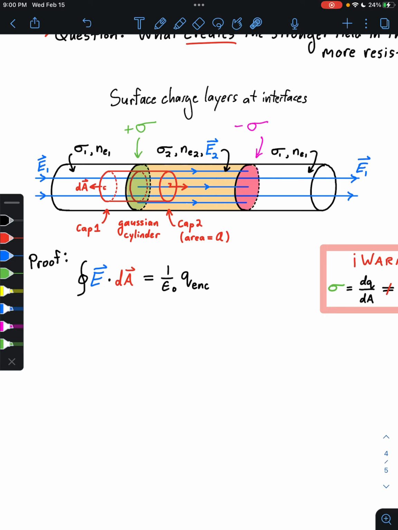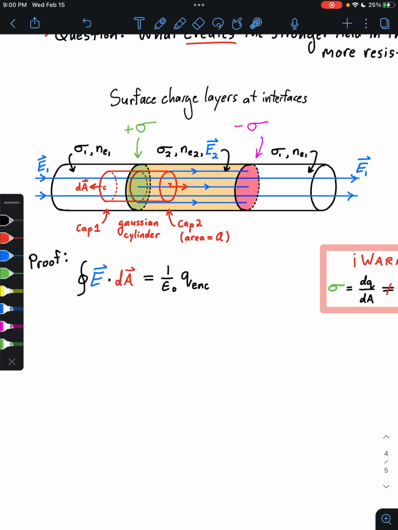So they could potentially cancel out here and cancel out over here, much like a parallel plate capacitor produces a uniform field between them, but no field outside of them. So some arrangement of positive charge and negative charge here and here at those interfaces looks like potentially it could produce the effect that we want, the stronger field in the more resistive region.